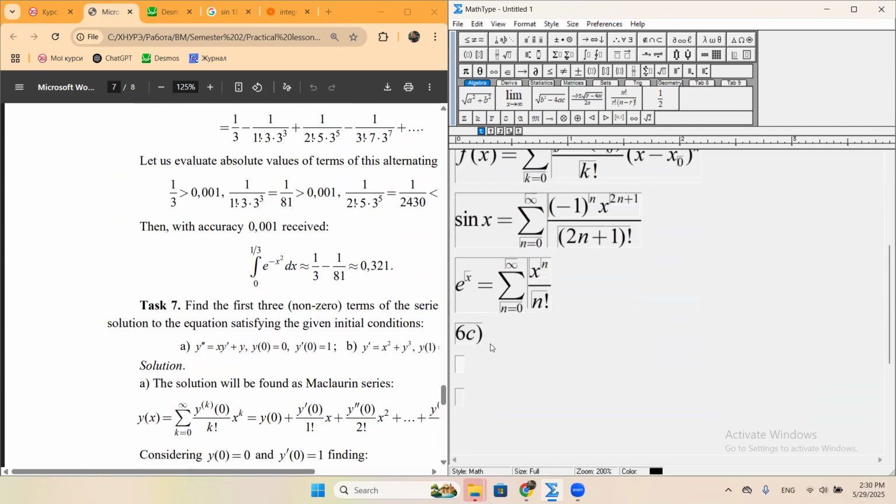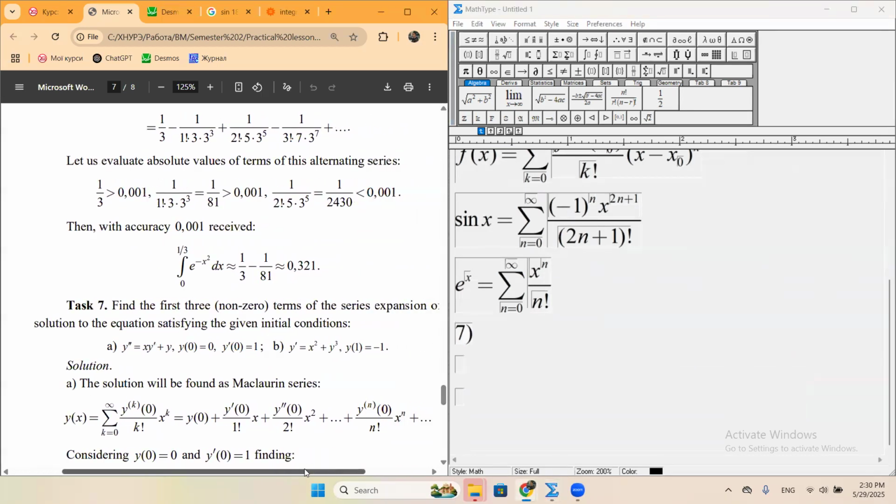So one more example of usage of power series is integration of differential equations. So we will solve the following Cauchy problem.